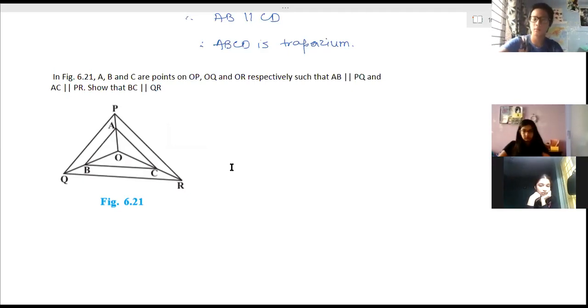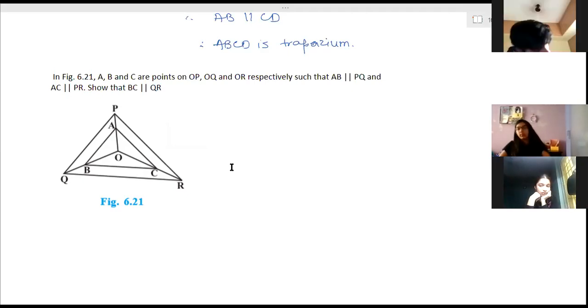So OA by AP is equal to OB by BQ. Now AC is parallel to PR, so in triangle POR, again AO by PA is equal to OC by CR. Therefore, equating the two equations, OB by BQ is equal to OC by CR. By converse BPT, BC is parallel to QR. Yes. Okay.